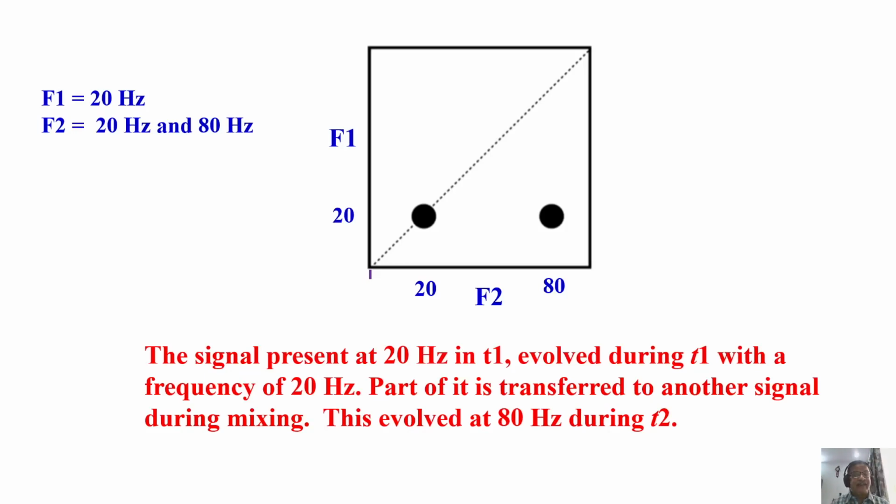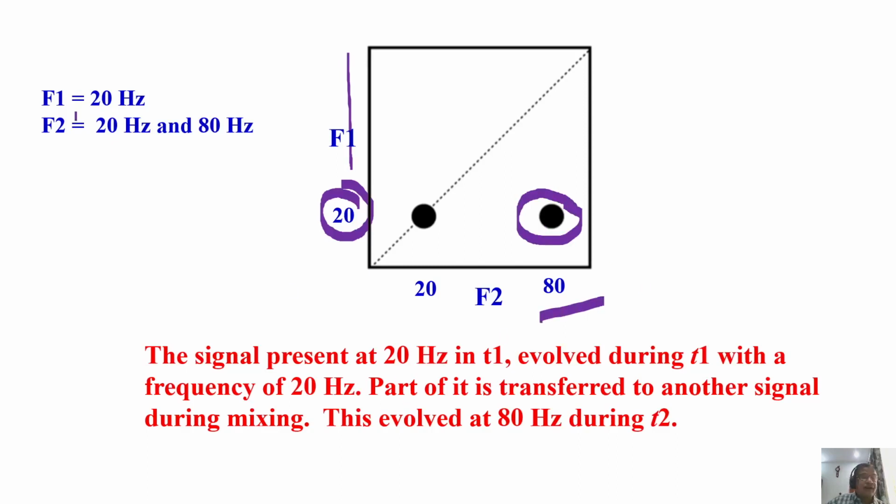Now let us consider a situation like this. I have two peaks. There was a spin which was precessing at 20 hertz in F1 dimension. During the process of mixing, it will give its magnetization to another one, which is going to be spinning at 80 hertz in the F2 dimension.